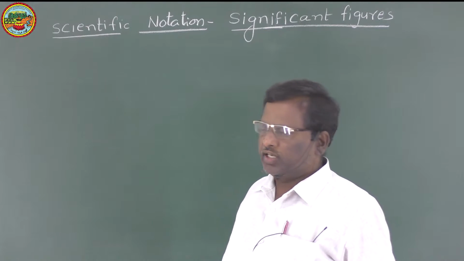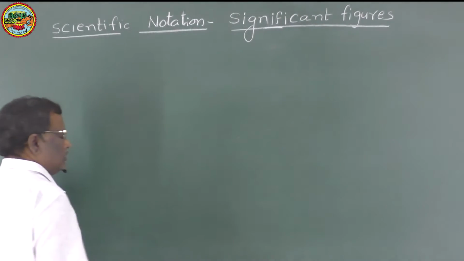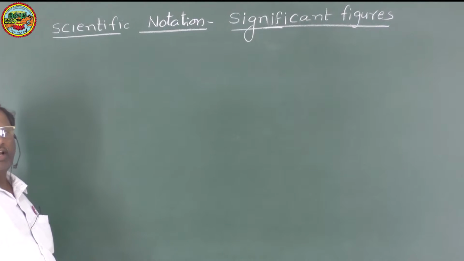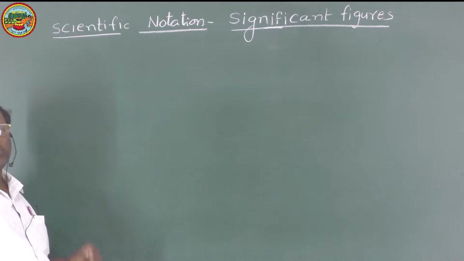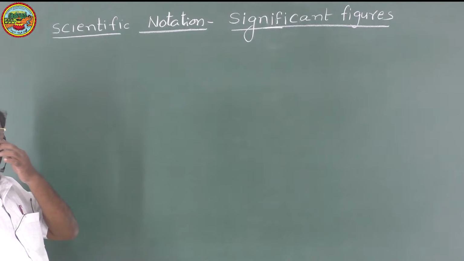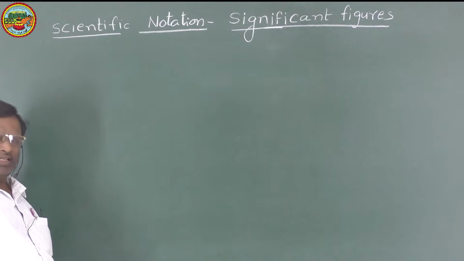Because in chemistry, we come across large numbers like Avogadro's number and small numbers which give us the mass of an electron or mass of an element.